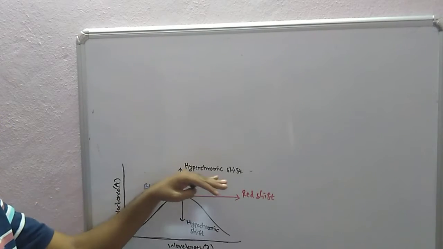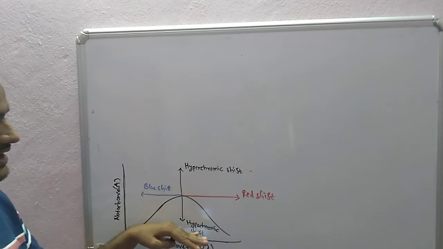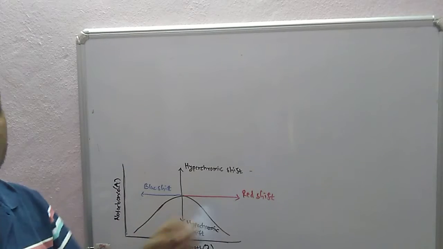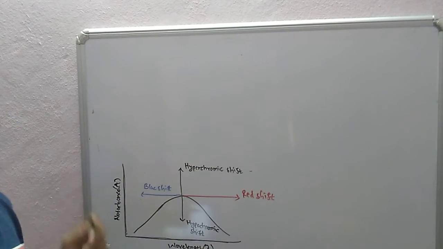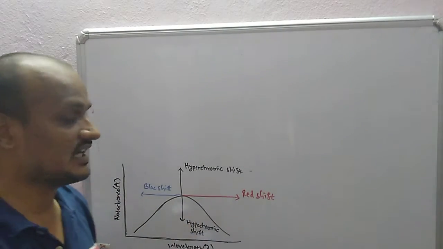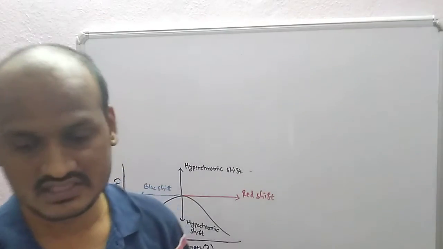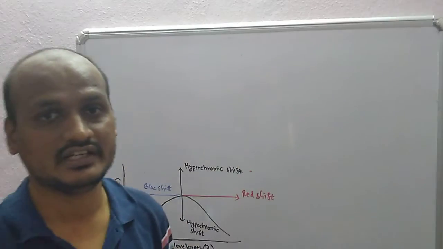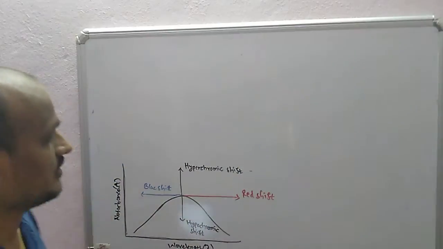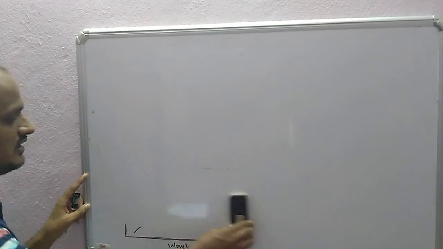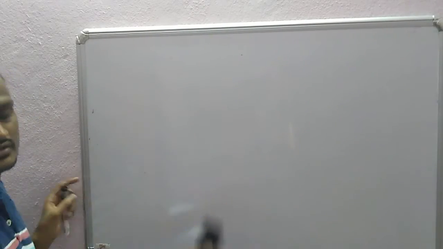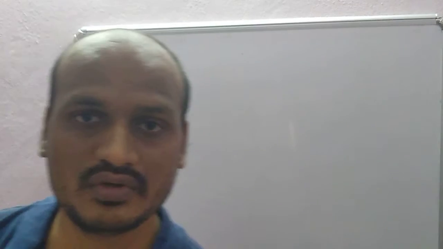If it is increasing, it is a hyperchromic shift. If it is decreasing, it is a hypochromic shift. If it is shifting to the right side, it is a red shift. And if it is shifting to the left side, it is a blue shift. So basically this absorbance as an optical density reading, we can use in our biochemical calculation to calculate the glucose concentration, right? So that was about our UV visible spectrophotometry.